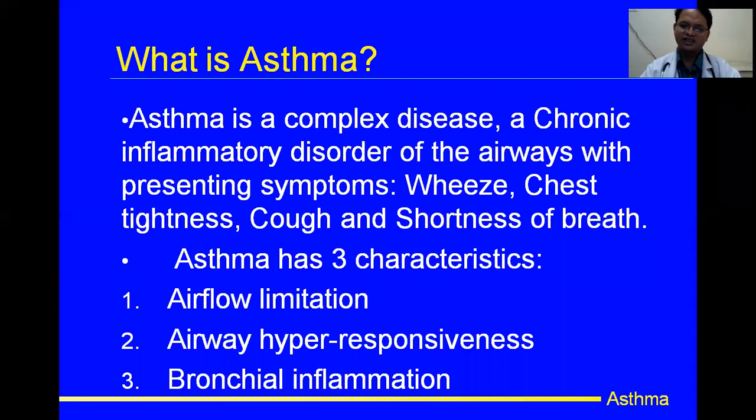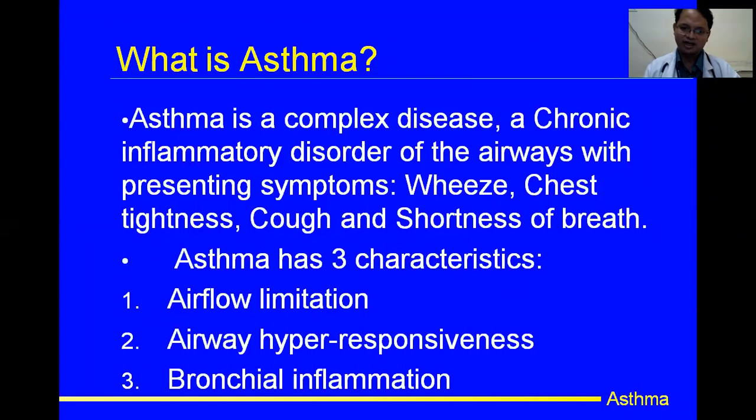Asthma has three classical characteristics. One is airflow limitation, that is, when the patient inhales or exhales, there will be bronchial obstruction. Then airway hyperresponsiveness. This is the classical feature of asthma which differentiates asthma from COPD.